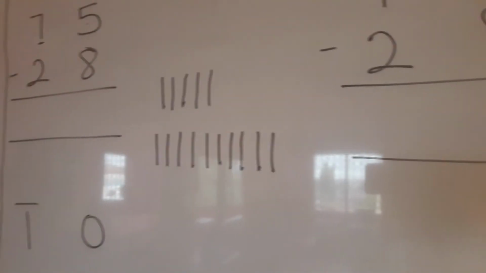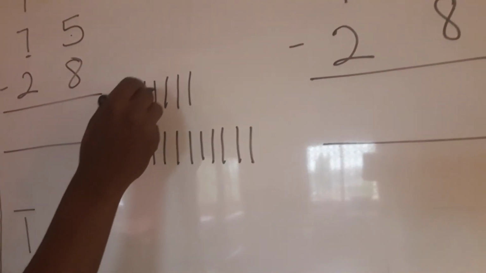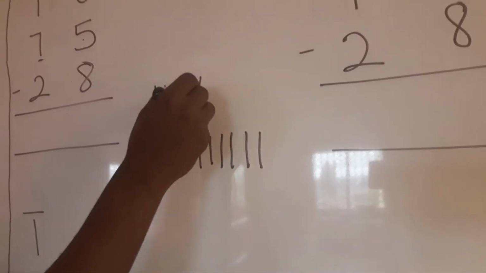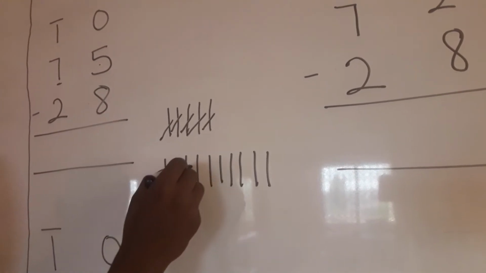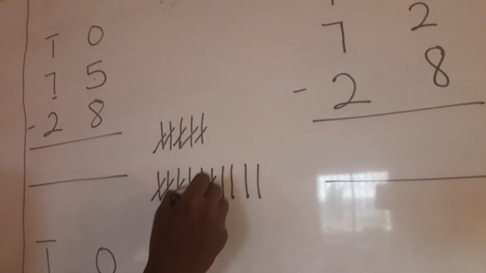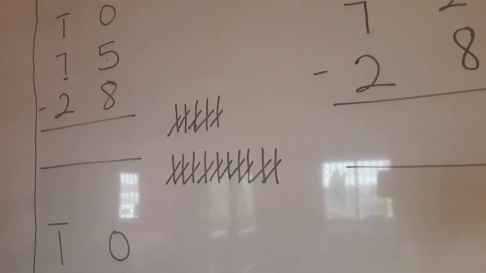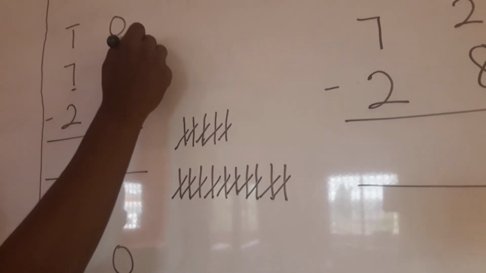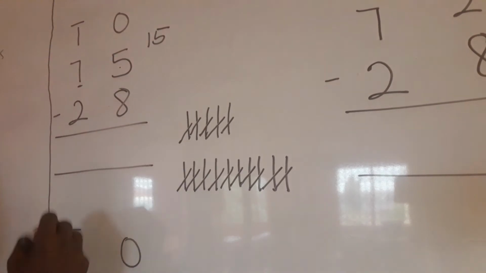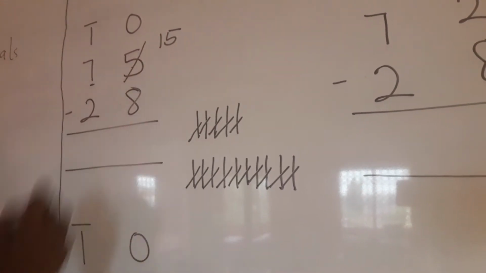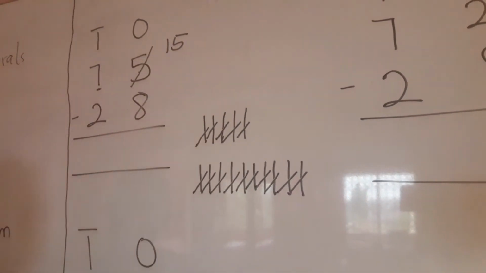Let's count them together. 1, 2, 3, 4, 5, 6, 7, 8, 9, 10, 11, 12, 13, 14, 15. So we have 15, okay? This is no more 5, it's now 15, okay?